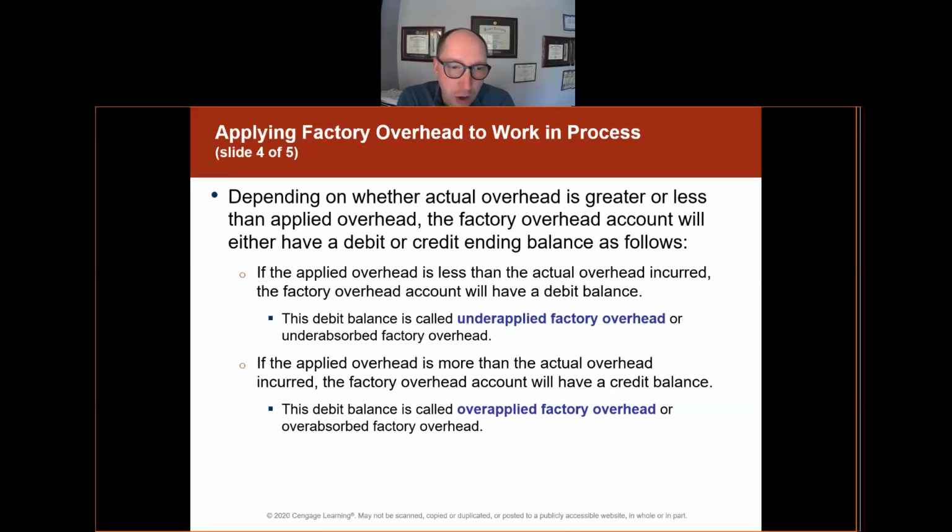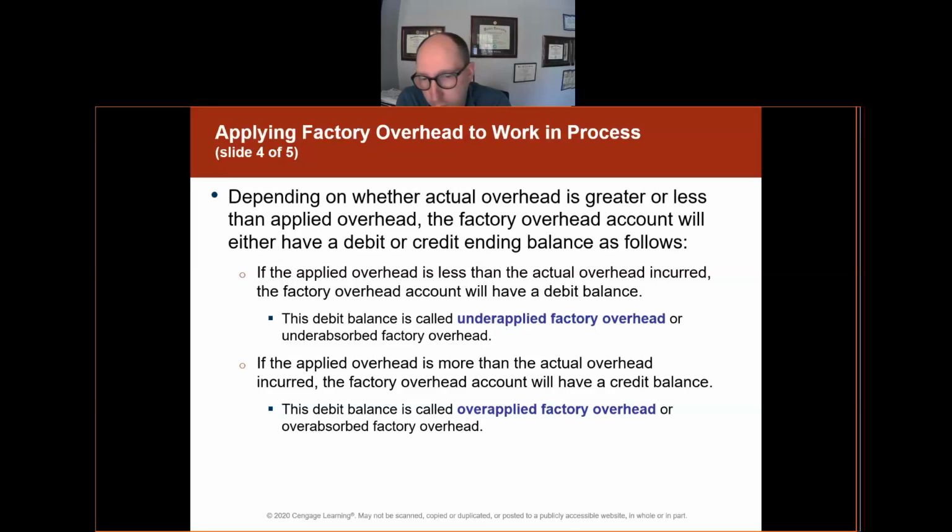So if you under apply factory overhead, meaning we estimated it to be a little bit higher, but it came in a little bit under, we call that under applied factory overhead, and you'll have a debit balance when that happens.